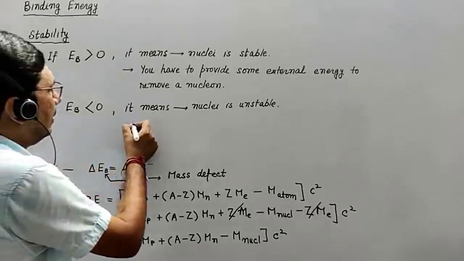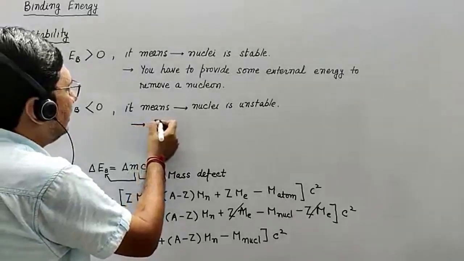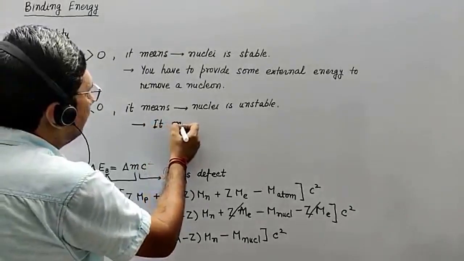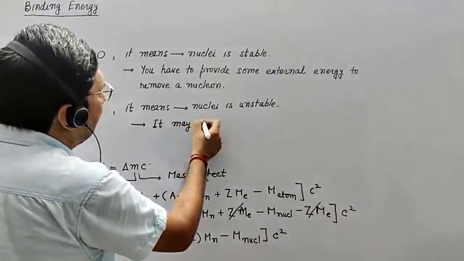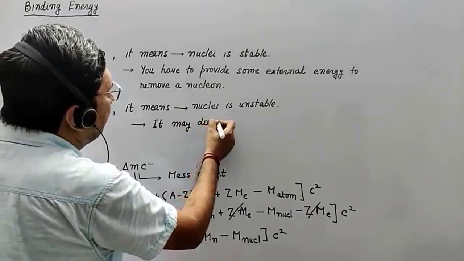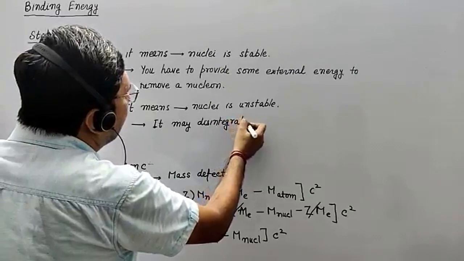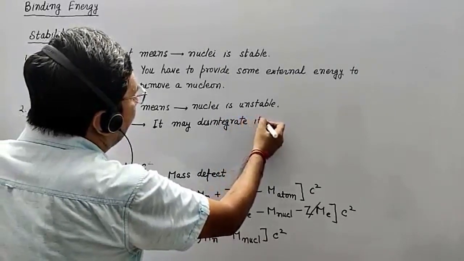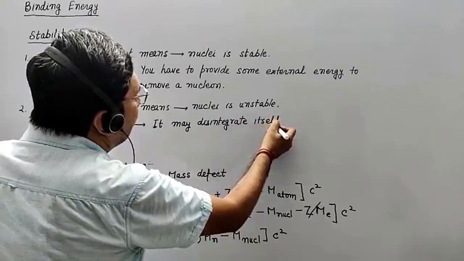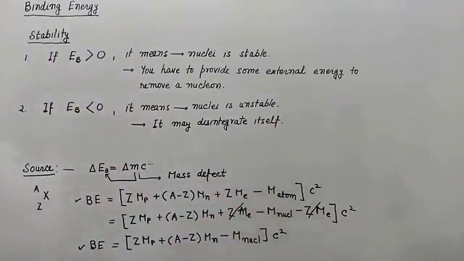To find a stable configuration, it may disintegrate itself, because its binding energy is negative.